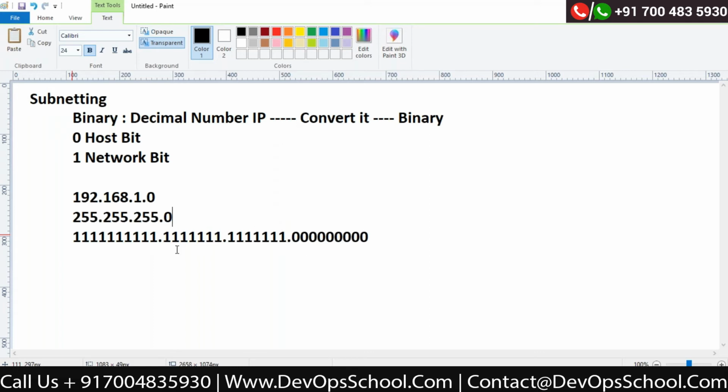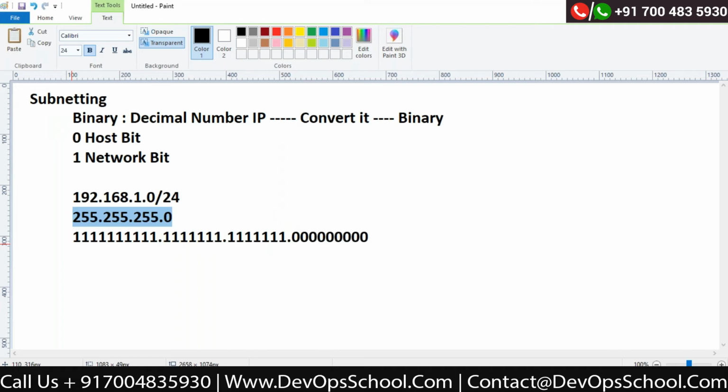So remember, in terms of subnetting, if I say 0, that 0 is assigned for host bit, and if I say 1, it would be assigned for your network, which is fixed. So I'm converting this subnet mask because this is a mechanism to tell my system how many bits are for the network and how many bits are for my host. This is the binary interpretation of it. As I told you, you are not going to write it down now like this; it has to be written like this. So I don't need to worry about this subnet mask.